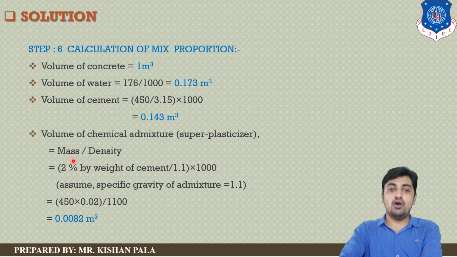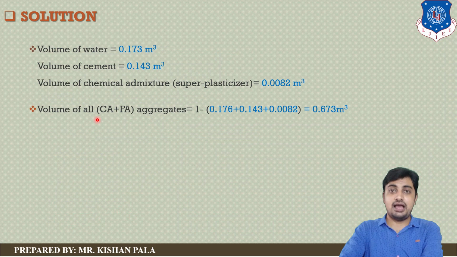Now we have a volume of water 0.173, volume of cement 0.143, and volume of chemical admixture 0.0082 meter cube. With these values we can find the volume of all aggregate. It means 1 minus 0.176, the volume of water, plus 0.143, the volume of cement, plus 0.0082 for the admixture.